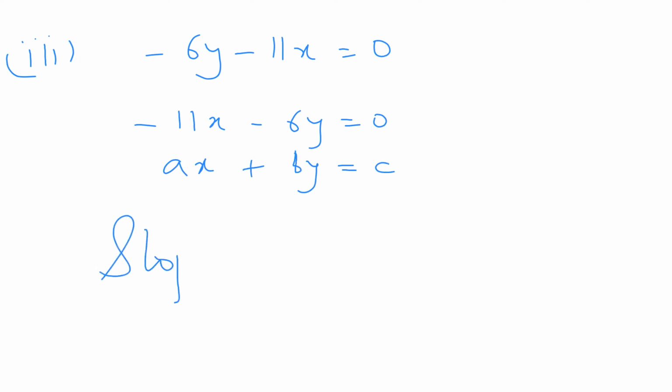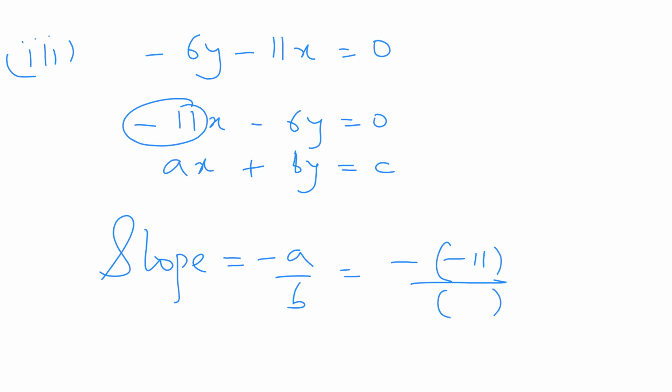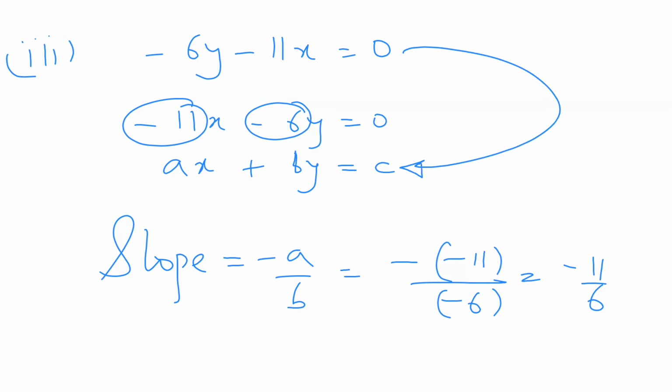So slope is minus a by b, which is minus of the coefficient of x, that is -11, upon the coefficient of y, which is -6. So this will be -11 upon 6. So the equation should be in this format, ax plus by plus c. If it is not in the format, make it in the format.